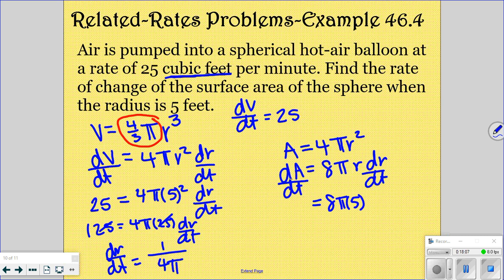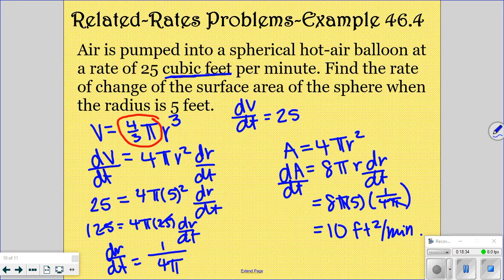And had we not just worked through this, we wouldn't know our dr over dt. So our dr over dt is 1 over 4 pi. And so the pi's cancel, and we have 40 over 4, which is 10. And then the units on the surface area are feet squared per minute. So that is the rate of change of the surface area.